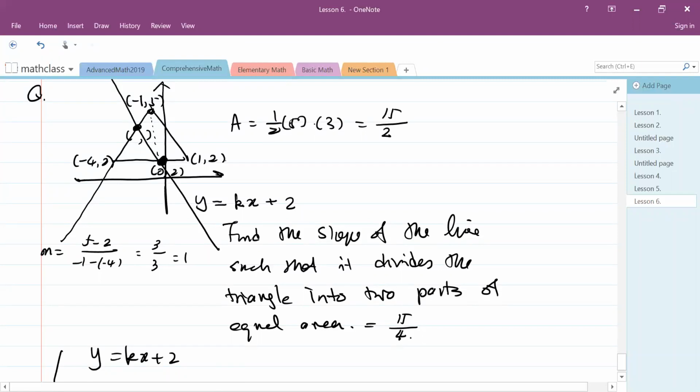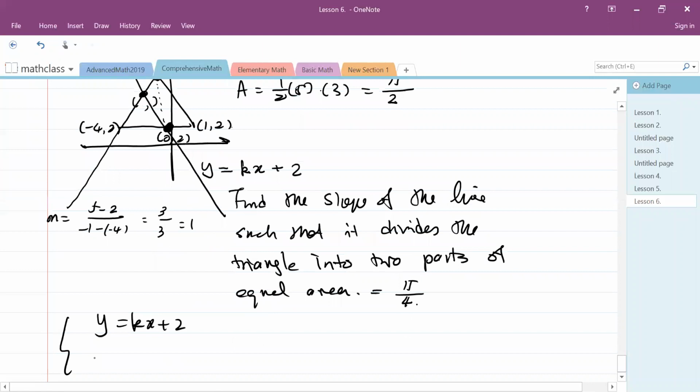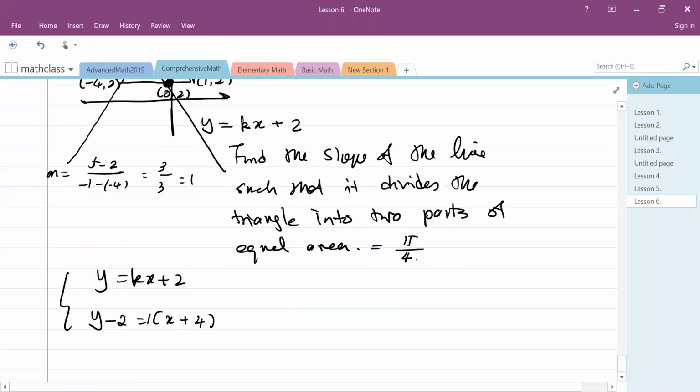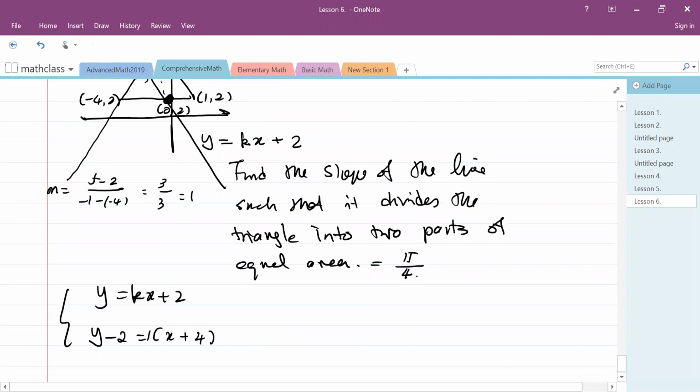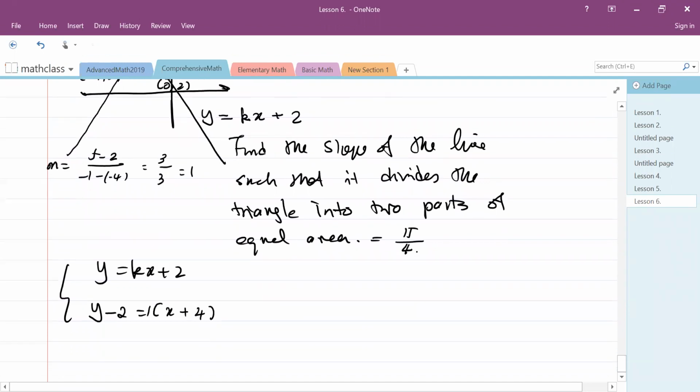The difference in x is 3. So the equation would be y minus 2 equals 1 times x plus 4. Okay. So you just need to solve for the y variable because that's all you need to know. You don't need to know the x variable.